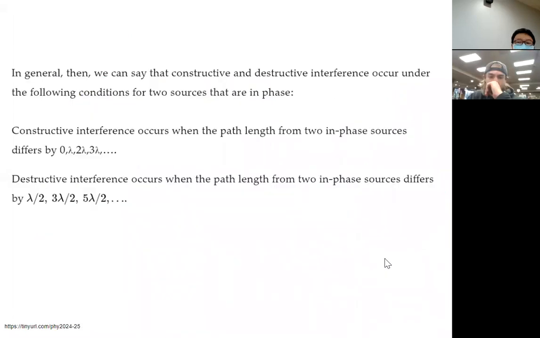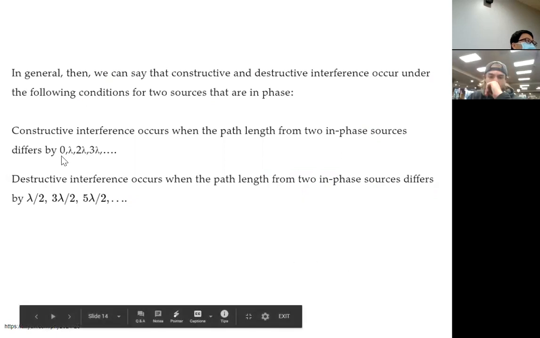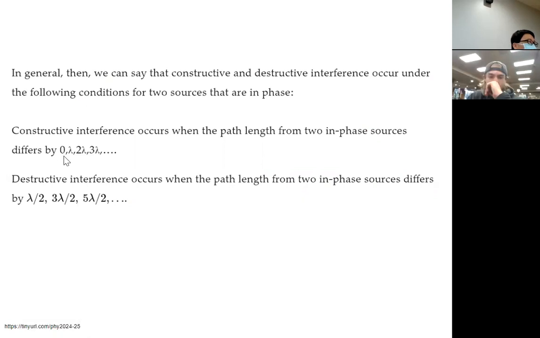So in general, if two waves come out of identical sources and they meet in space, if they have a path difference of an integer number of multiples of lambda, the wavelength, then they will add up. That's constructive interference.